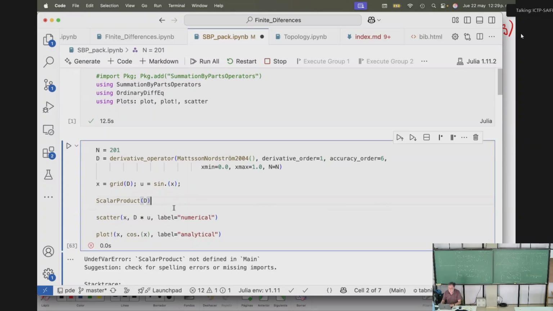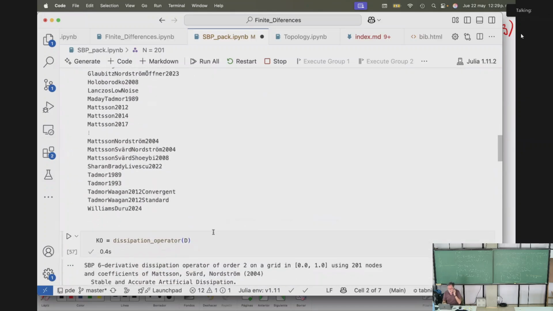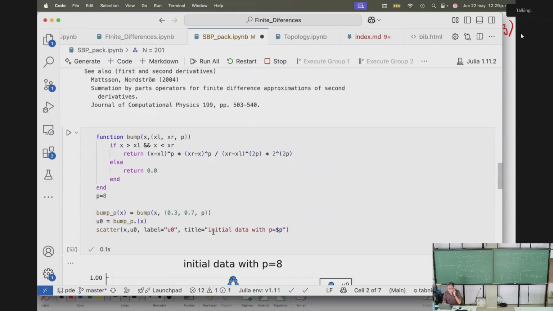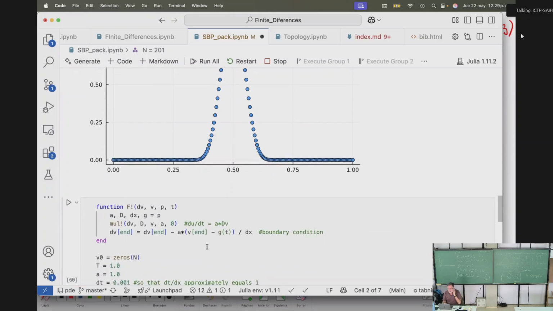It is in the library, so in the documentation of the library you can find it. But you can get here in the function f that we have here. Here I have a over dx.